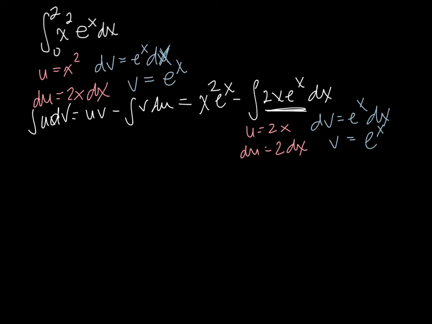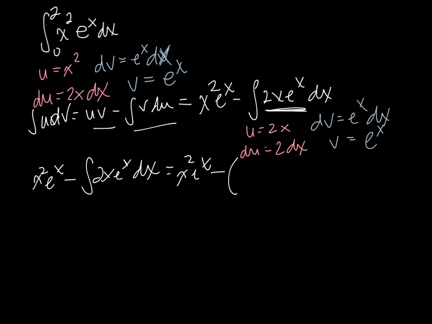So that gets us x squared e to the x minus the integral of 2x e to the x dx is equal to x squared e to the x minus, now we're going to use our formula, uv minus the integral of v du, again on that integral there.